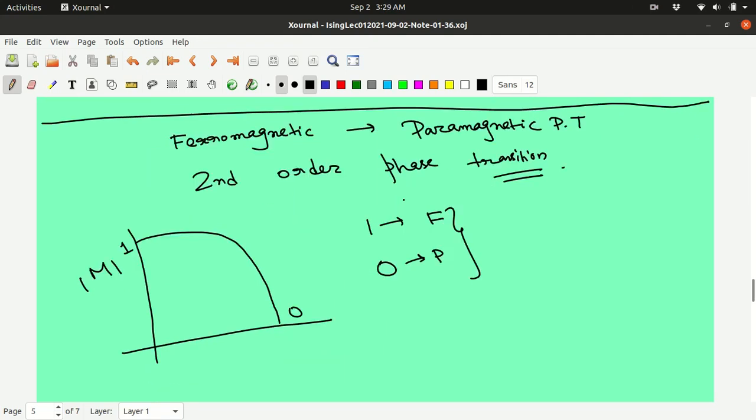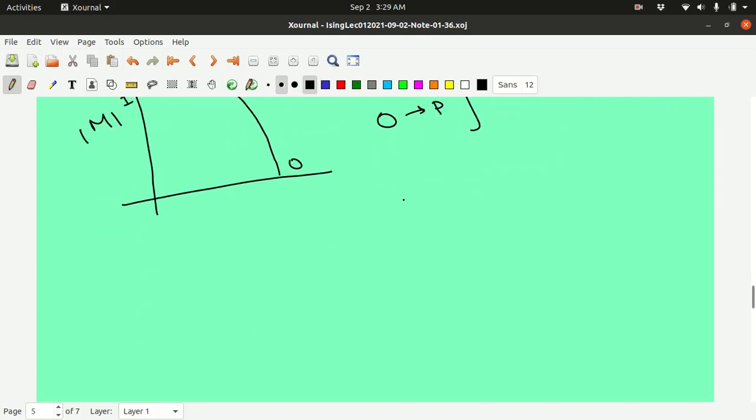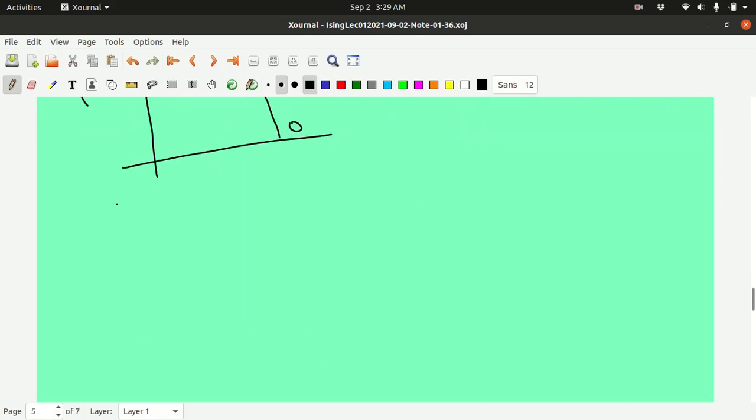So before going into that, I forgot to describe one thing, which is the symmetry breaking.